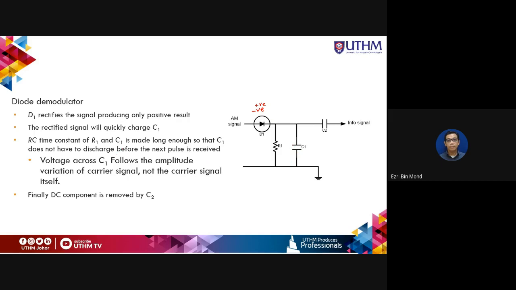The RC time constant of R1 and C1 is made long enough so that C1 does not have to discharge before the next pulse is received. So the voltage across C1 follows the amplitude variation of the carrier, not the carrier signal itself. Finally, the DC component is removed by C2. C2 acts as a filter capacitor.